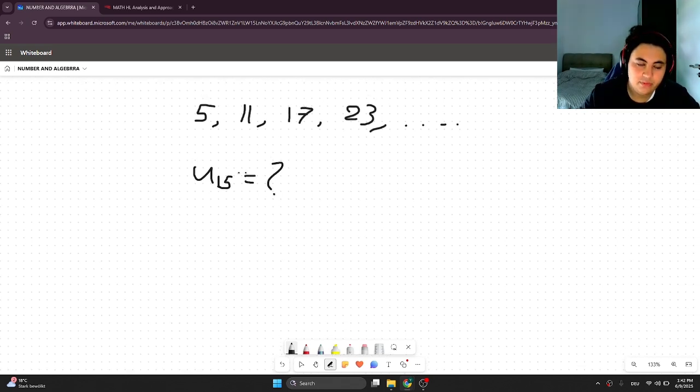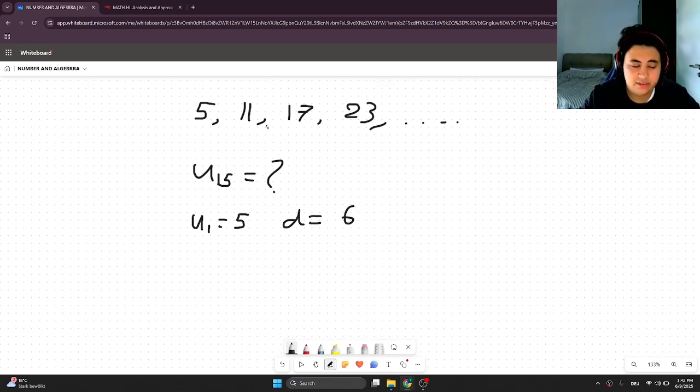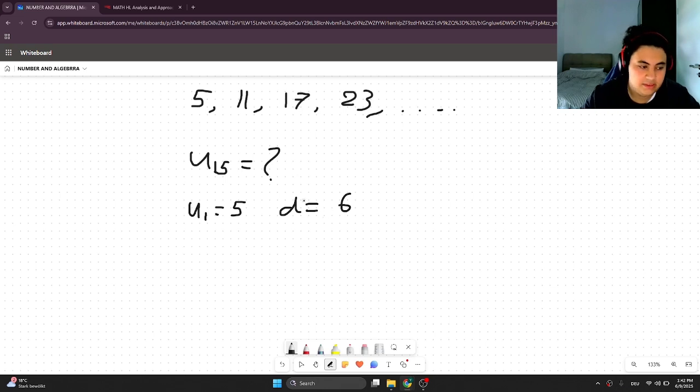First of all, we note down what U1 is, that's 5. And then the common difference: 11 minus 5 is 6, or 17 minus 11 is 6 as well, or 23 minus 17. Now you want to find what U15 is, so we're just going to plug in. This is relatively easy.